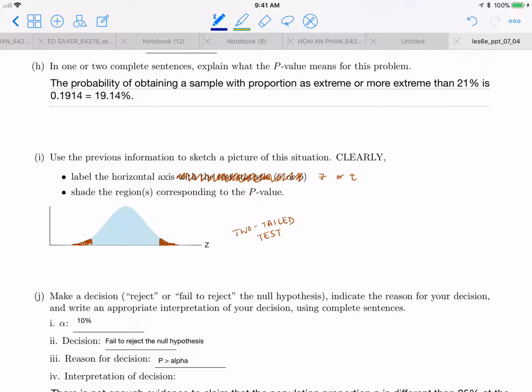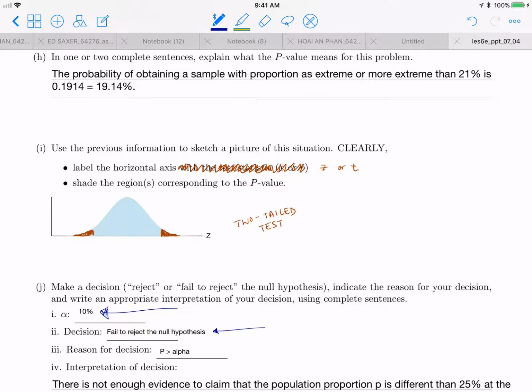The probability of obtaining a sample with proportion as extreme or more extreme than 21% is about 19%. So if there's a 19% chance, that's not unusual at all. That's a large percentage. And so even though our alpha is 10%, because our p-value is almost 20%, we're going to fail to reject H naught. Fail to reject. The reason for the decision, because p is greater than alpha.